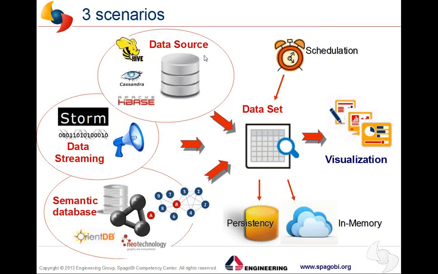So the data sources. Right now we have developed the interaction towards Hive, Cassandra, and HBase, which are the most, let's say, common ways for a BI tool to access information stored in Hadoop.